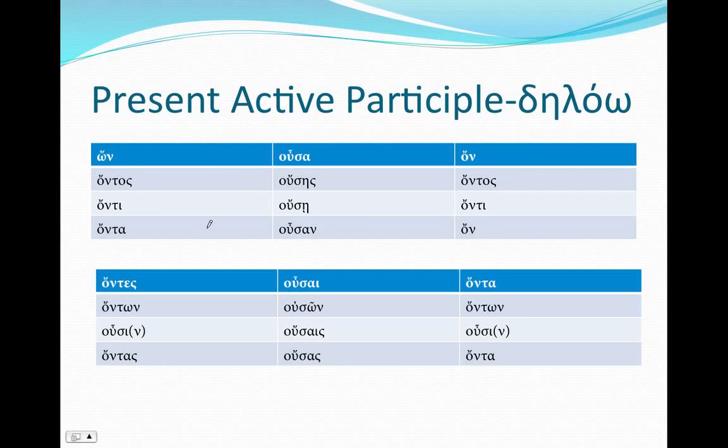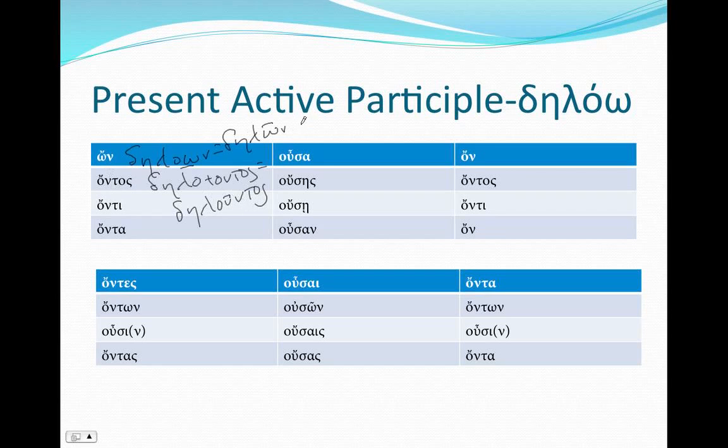Now, delo, again, if we take a look at that same thing, we get deloon, contract this, and we get delon. But the rest of them, we get a delo with an omicron, and that's going to render us delountos.